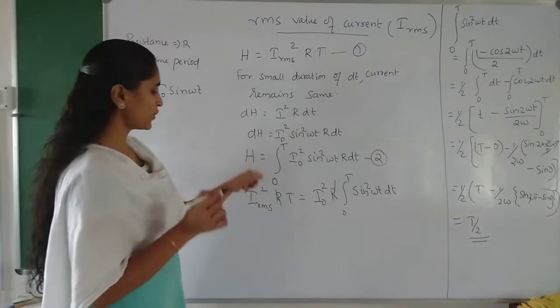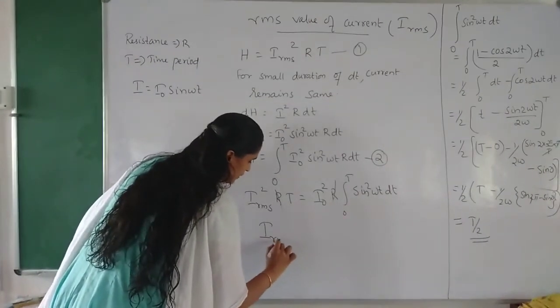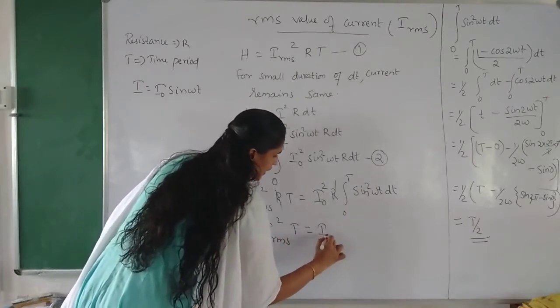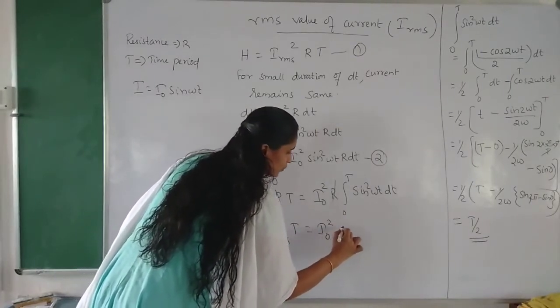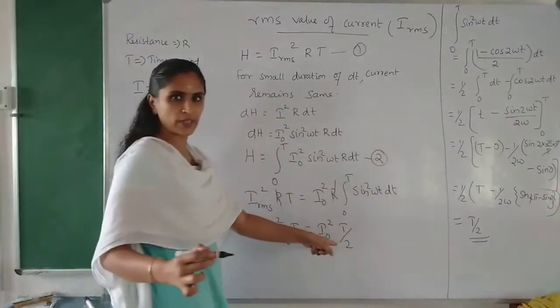So that you can substitute here. What will you get? I RMS square T is equal to I0 square into T divided by 2. If you integrate this part, you will get only T by 2.